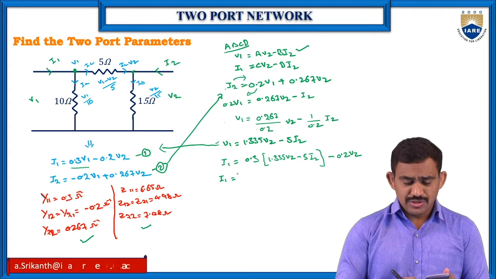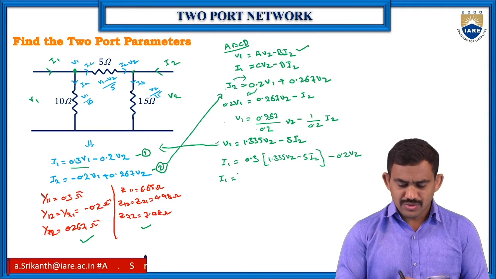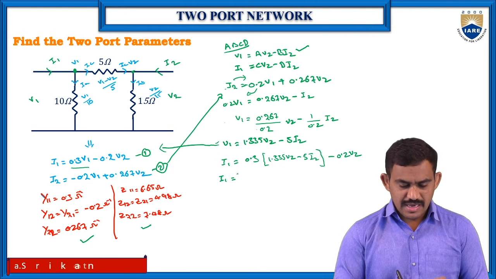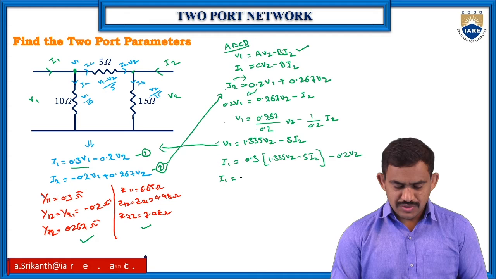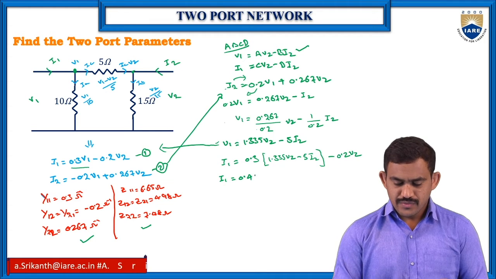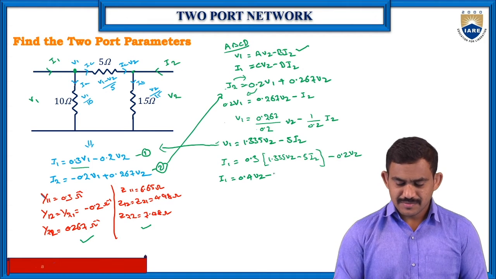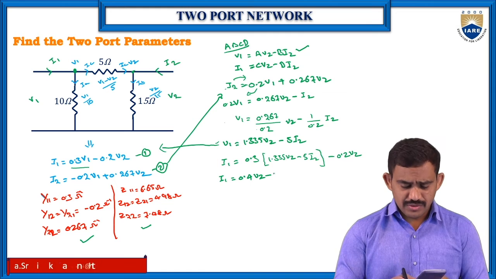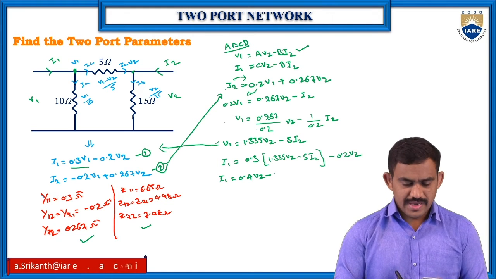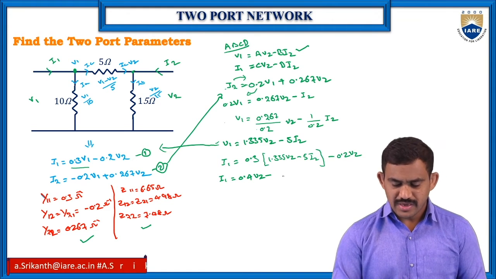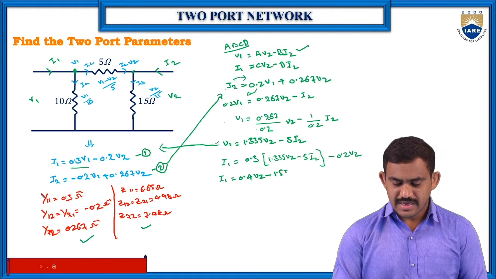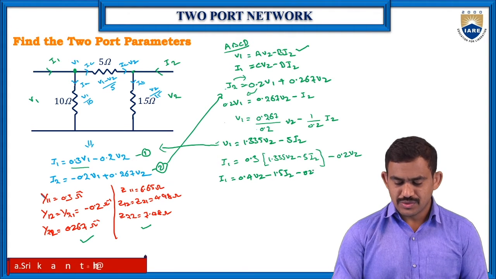I1 equal to 0.3 into 1.335, the value is 0.4 V2, minus 0.3 into 5, the value is 1.5 I2, minus 0.2 V2.